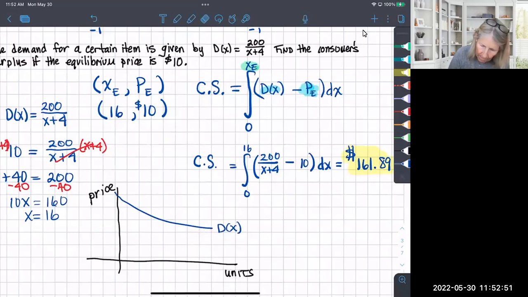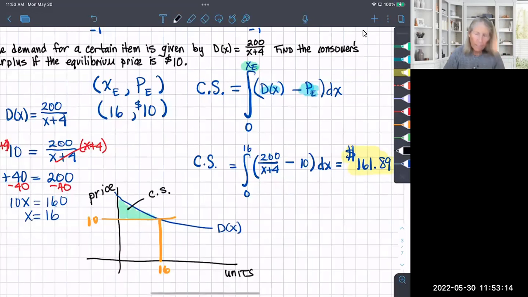Let's try that line again. You've got some equilibrium point right here, where the quantity is 16 and the price is 10, and for this consumer surplus you're getting this area between here. That's why I do upper curve demand minus lower curve price, and that gives me my consumer surplus.